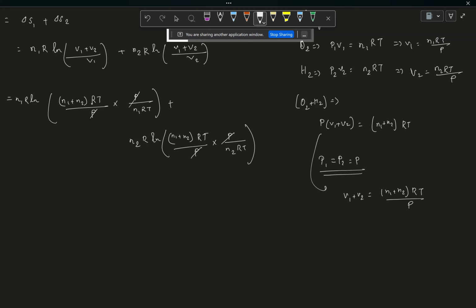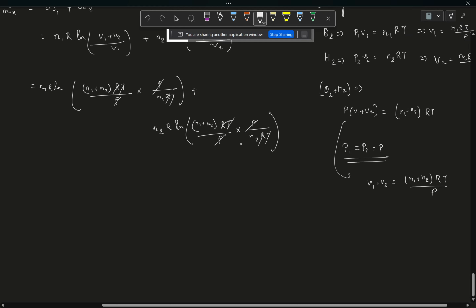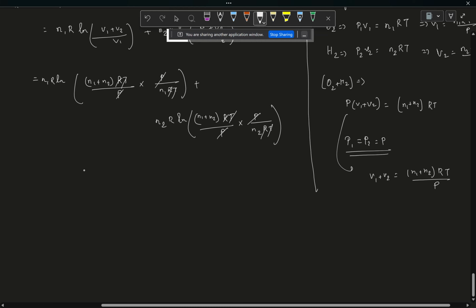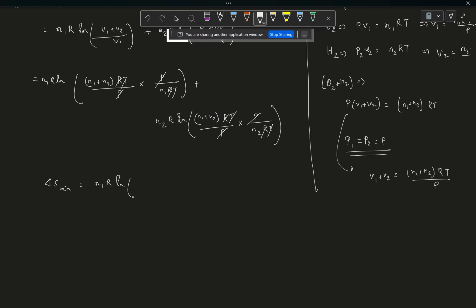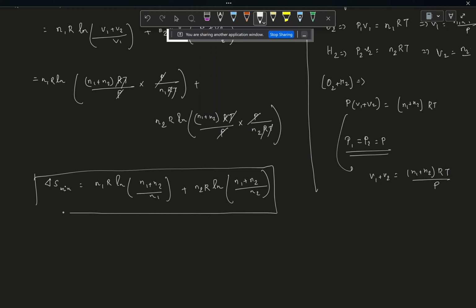So this and this cancel out. So this is delta S mix equal to, now it has all the known terms, which is N1 R ln of (N1 plus N2) by N1, plus N2 R ln of (N1 plus N2) by N2. So this is your entire delta S mix, right?